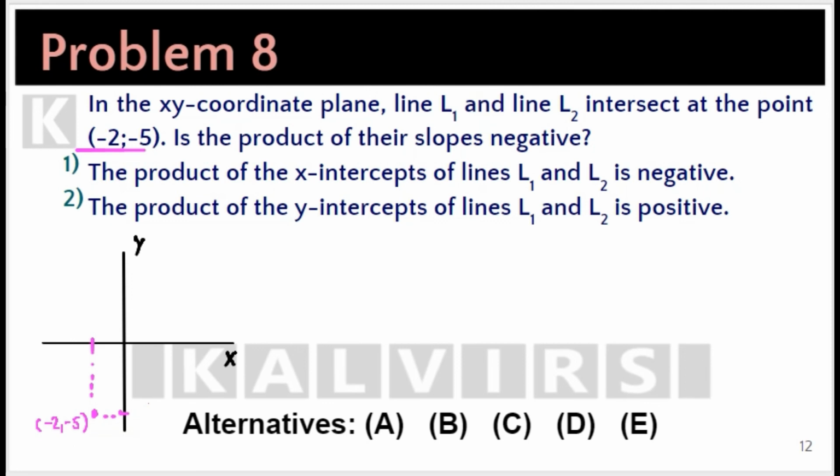Now, according to statement 1 alone, the product of the x-intercepts of line 1 and line 2 is negative. So, if the product of their x-intercepts is a negative number, which of the following must be true?